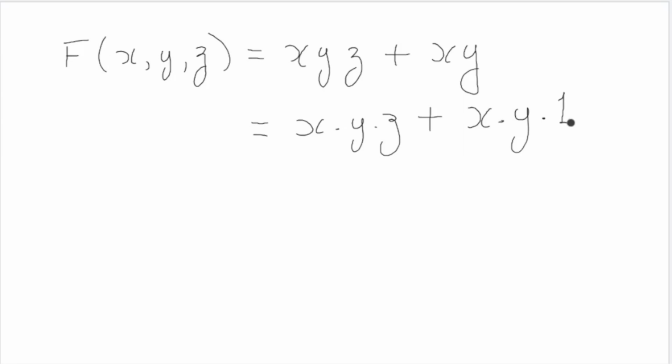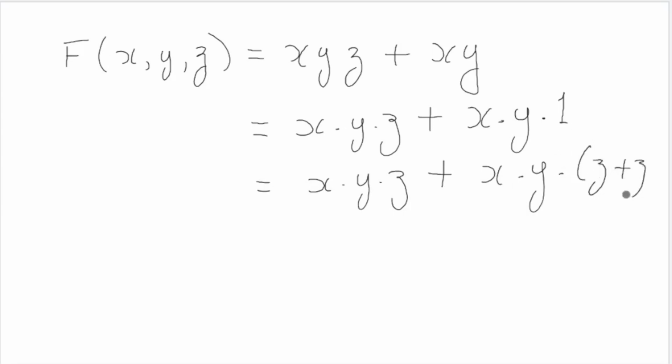Please note, when you say dot 1, the original value of the term is not going to change because a dot 1 is equal to a. And then we'll substitute, instead of 1, z plus z complement.